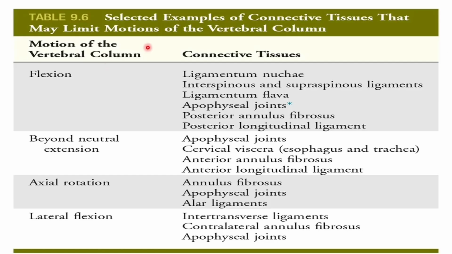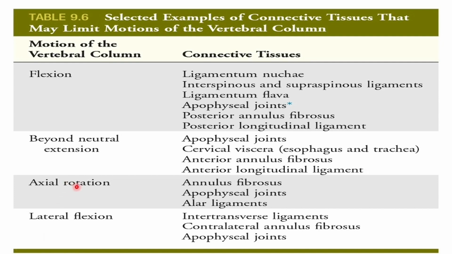So coming to the summary of the stretches that prevent the particular motions of your vertebral column: for flexion, the structures that restrict or limit the motion are your ligamentum nuchae, interspinous and supraspinous ligaments, ligamentum flavum, apophyseal joints, posterior annulus fibrosus, and the posterior longitudinal ligaments. Beyond the neutral, extension or hyperextension will be prevented by your apophyseal joints, cervical viscera, that is your esophagus and the trachea, anterior annulus fibrosus, and anterior longitudinal ligaments.